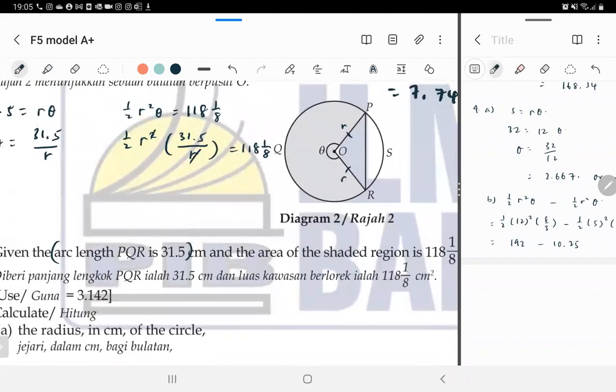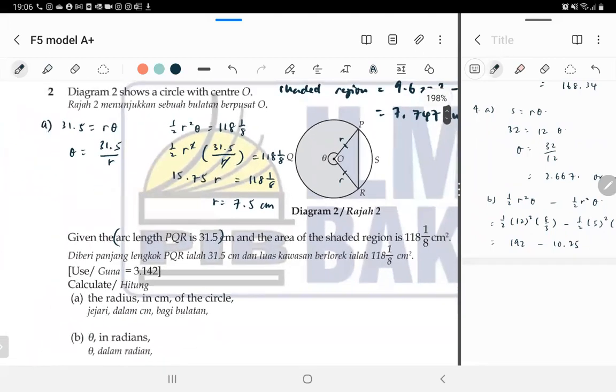I'll get 31.5 divided by 2, so 15.75 r equals 118 1/8. So r will be equal to 118 1/8 divided by 15.75. So you get 7.5 cm.